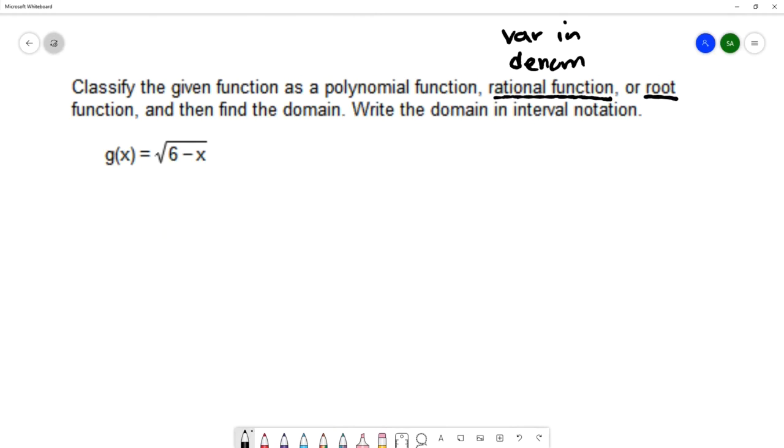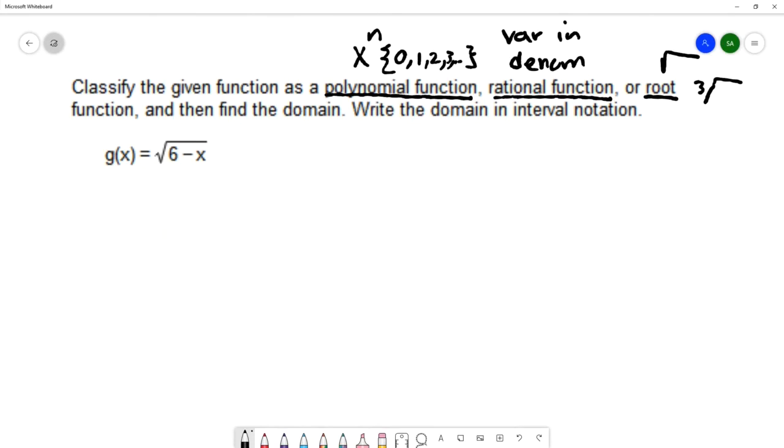You will have a variable underneath a radical, like a square root or a cube root. And then polynomial functions are a little bit harder to identify, but they're the most simple type in that you will have x to a power, and that power needs to come from a list of nice numbers, or what we call whole numbers, 0, 1, 2, 3, and so on.